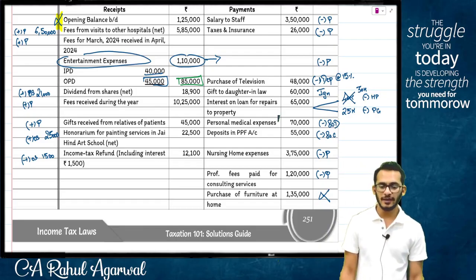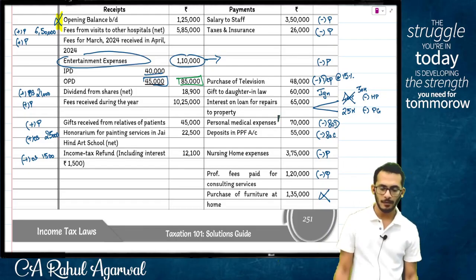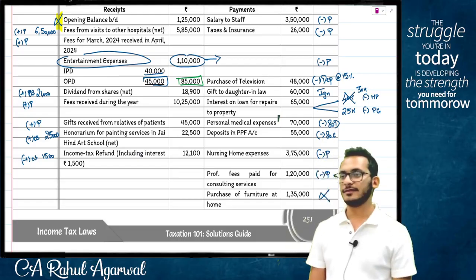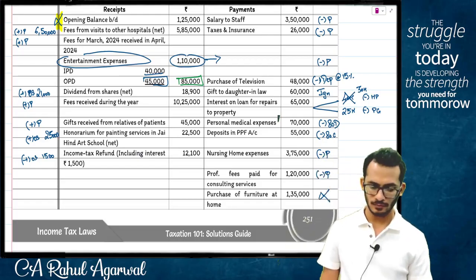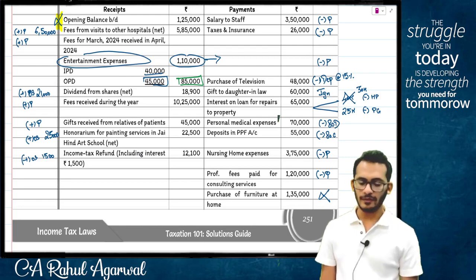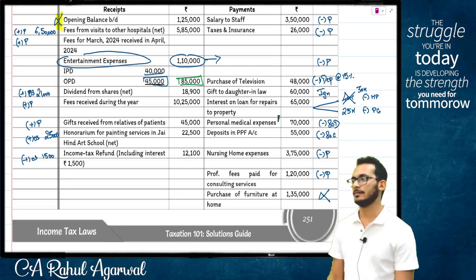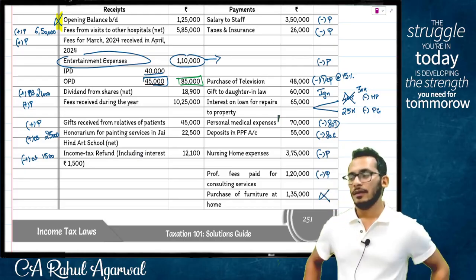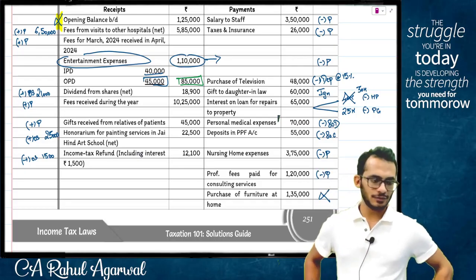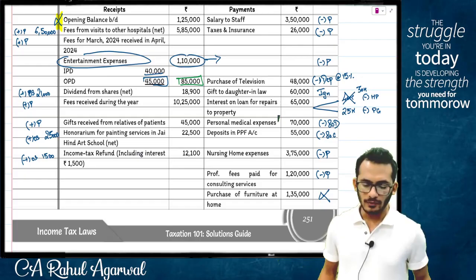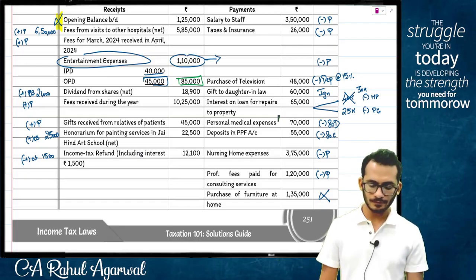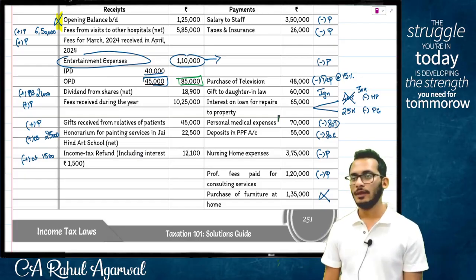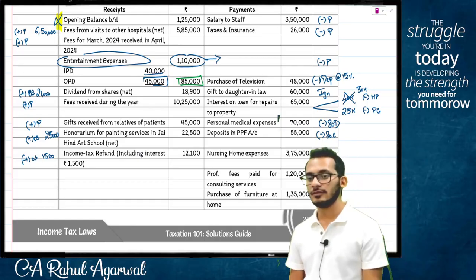Under IFOS, point number 1, dividend from shares. Open bracket, 18,900 by 90 percentage gets me 21,000.